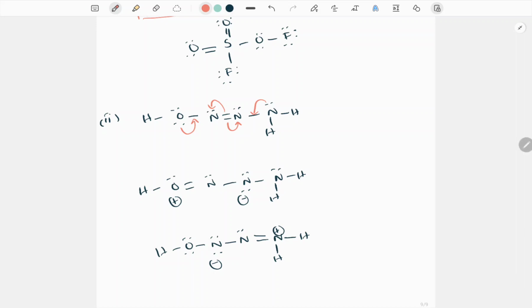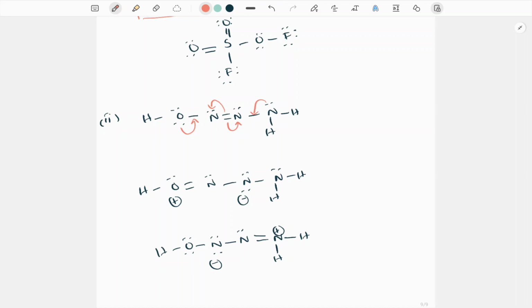Out of these two, the unstable one would be the one with low formal charge distribution, but the formal charge distribution is the same here, plus and minus on both. The next thing we are looking for is whether homogeneous charges are present between adjacent atoms.